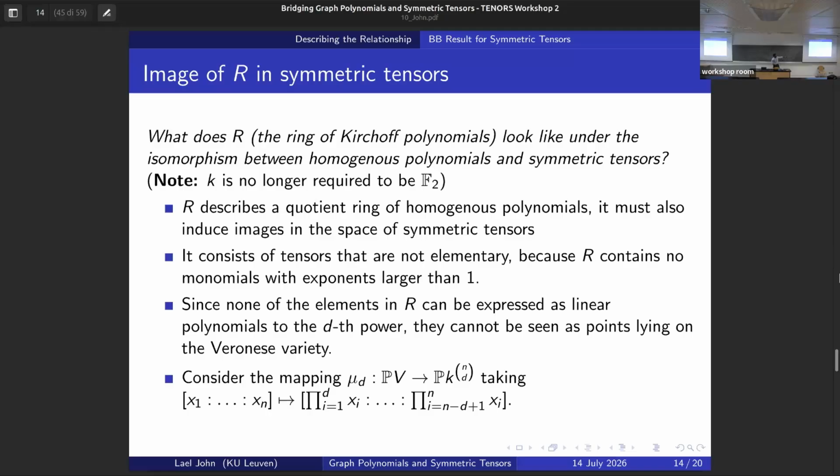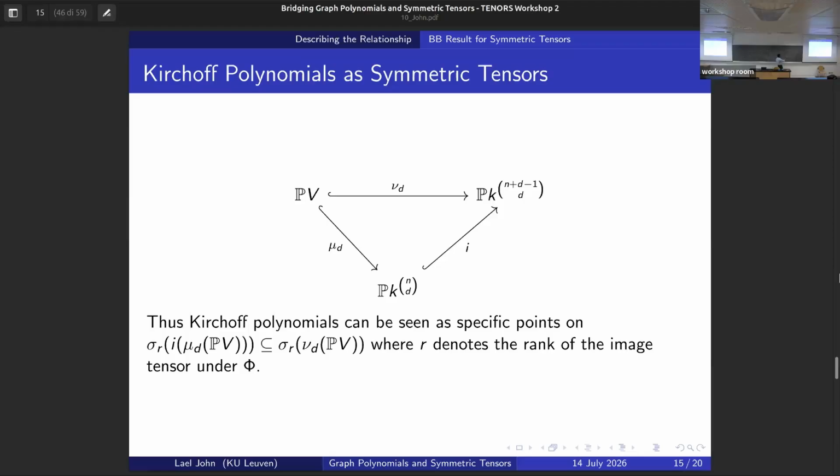So if I look at this mapping, mu d, then I can replace PV over there with this set, which I'm going to call X. Then I can see these as included more or less in the Veronese surface. And so my Kirchhoff polynomials are now secant to these images on the Veronese surface.